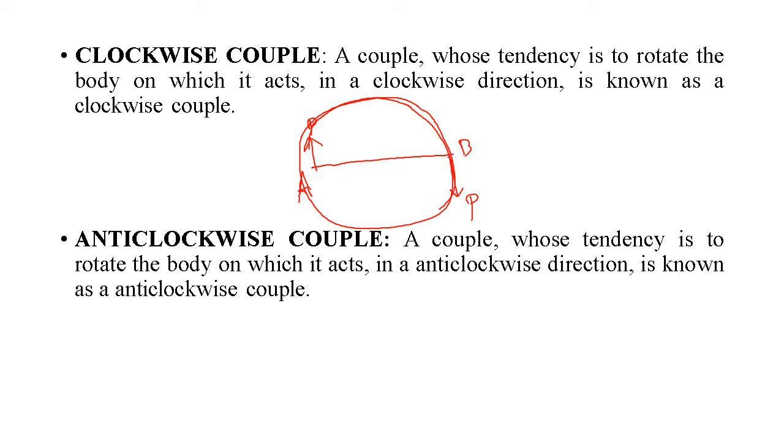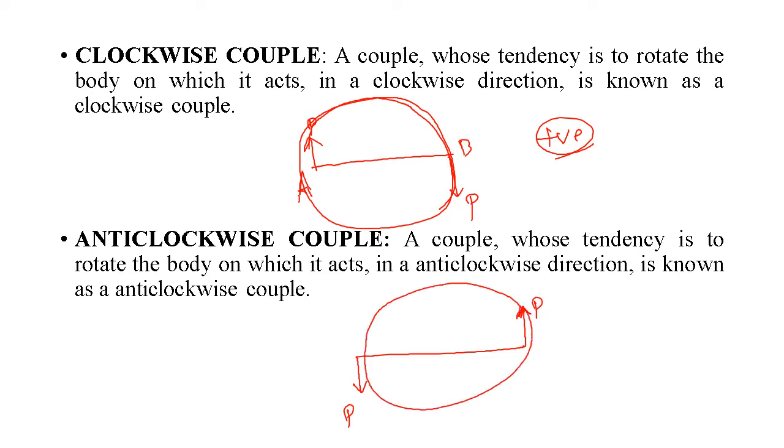So it is called a clockwise couple. Generally a clockwise couple is taken as positive. Similarly, for an anti-clockwise couple, this is the arm of the couple and both these force arrows are acting anti-clockwise. So this is called an anti-clockwise couple and generally it is taken as negative.